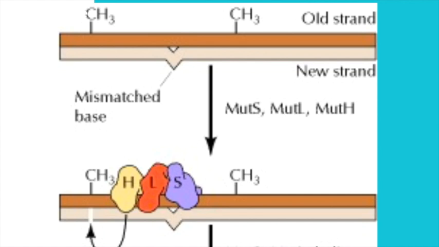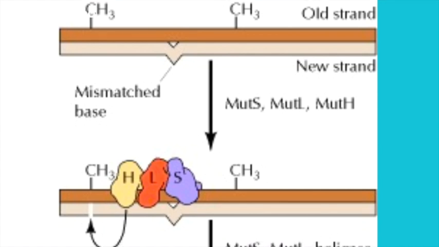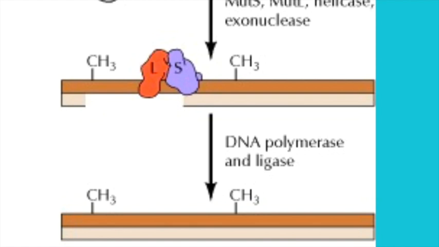Now this cut which has occurred at the nearest GATC site will lead to the excision of that part of the DNA which has been cut up to the mismatch. This process of cutting the DNA and excising it is catalyzed by MUT-L and MUT-S together. The resulting gap will be filled up by DNA polymerase and sealed by ligase as per the tradition.